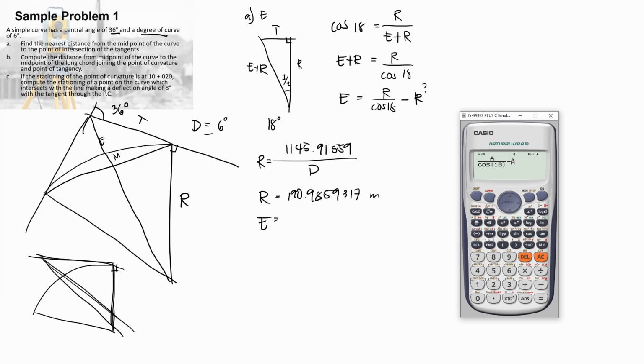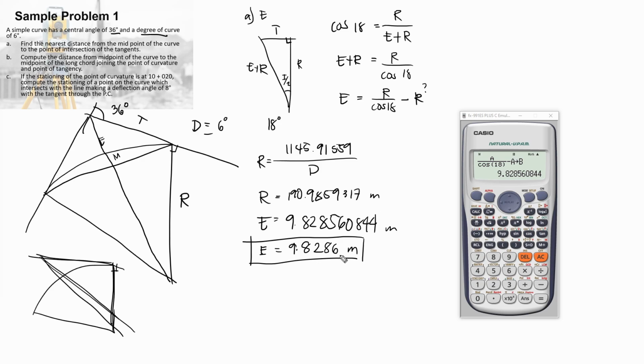And then store ko na lang ulit siya kay B. Ang na-compute ko dito kay E, or yung external distance na hinahanap, nearest distance from midpoint kay A, is 9.82856085 meters. Or kung ilalagay nyo sa answer is 9.8286 meters. So nakuha na natin si first question.